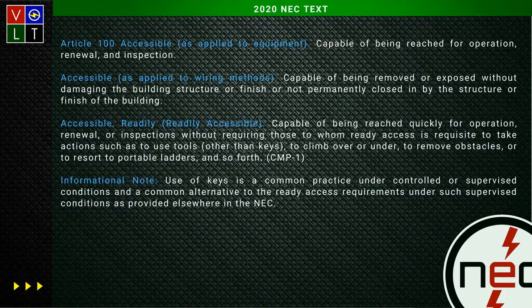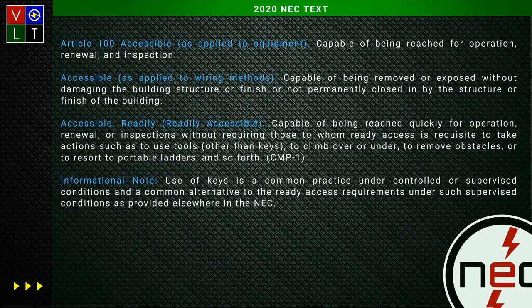Now, a good example of this, let's say that you have GFCI protection and you have a receptacle that's underneath the sink. Okay, now I've seen this different ways, different inspection authorities, how they'll interpret this. And I've seen other instructors, how they view this also.